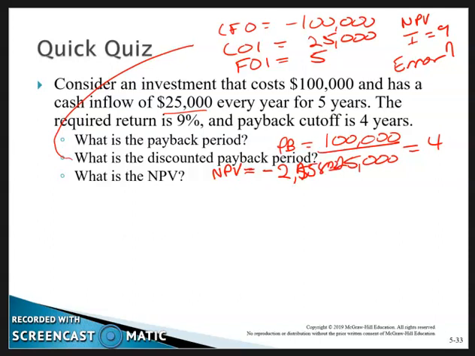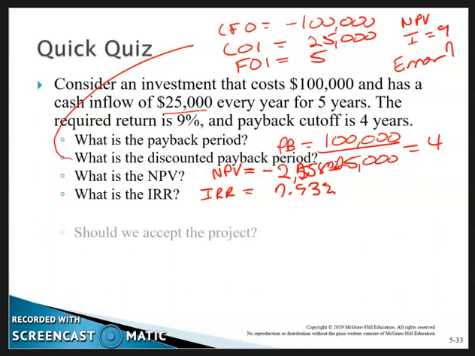And then to do the IRR on your calculator, you just hit IRR compute. So I got 7.93%.